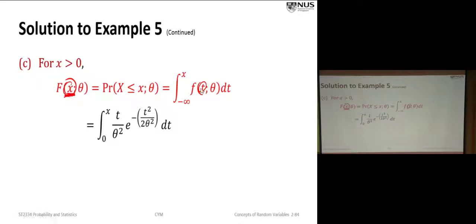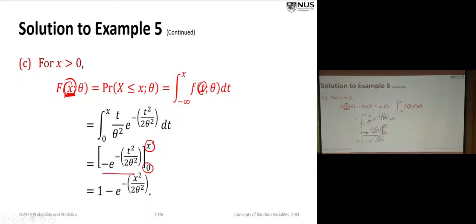So we change the integration variable to t or any letter you want. So it's the same expression, but now the upper limit is x, the lower limit is 0. So we substitute. This is the CDF.